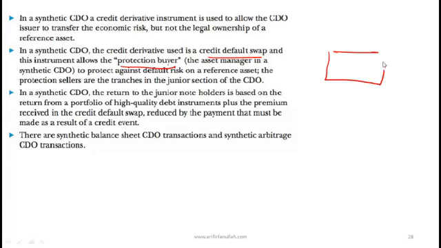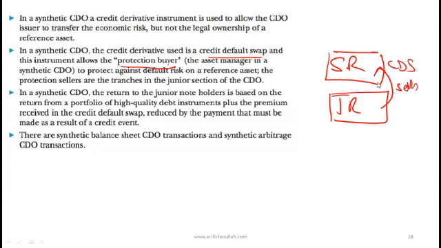Okay, so very simplistically, we have two kinds of tranches in a synthetic CDO. You can call them the senior and the junior. So what happens in this is the junior sells a credit default swap to the senior.